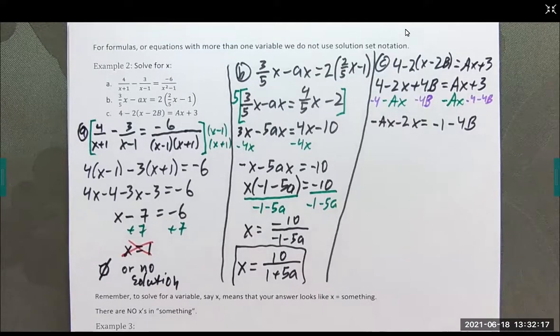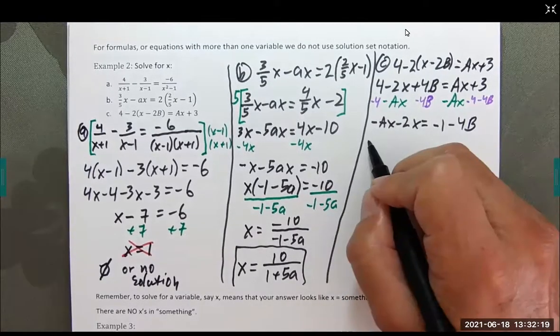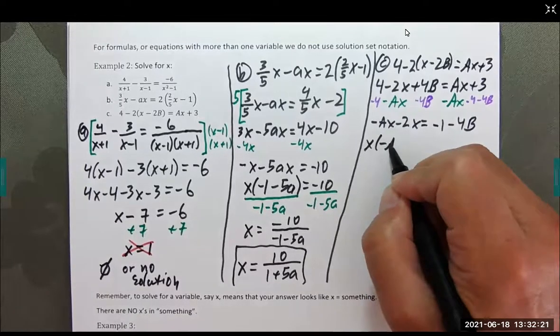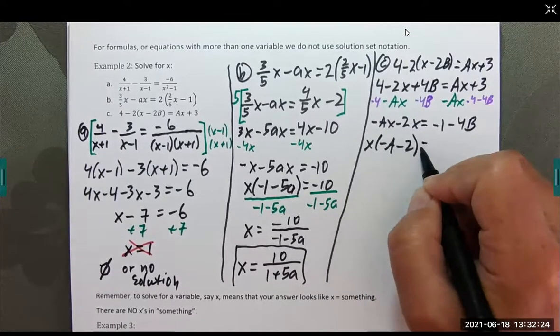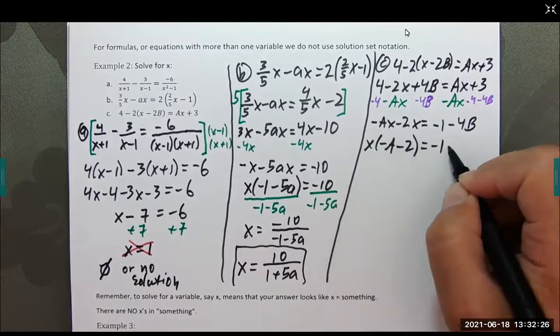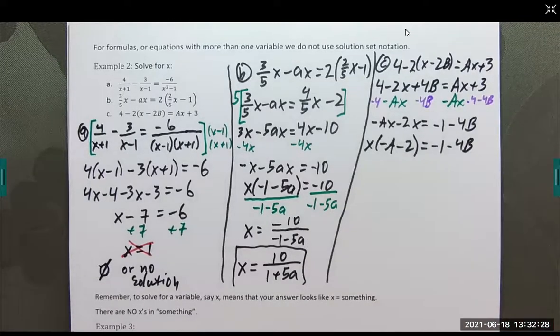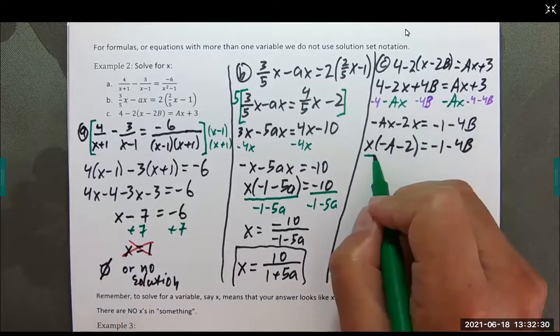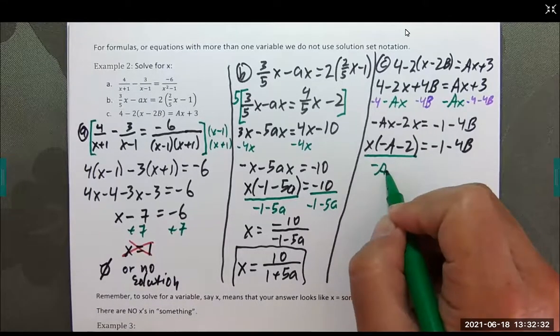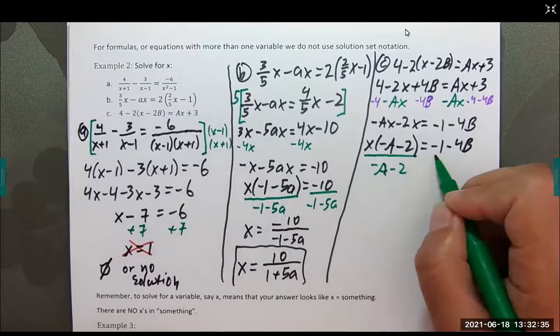And up on the left side, I'm going to factor out an x. So I have negative a minus 2 equals negative 1 minus 4b. I'm going to divide out negative a minus 2.